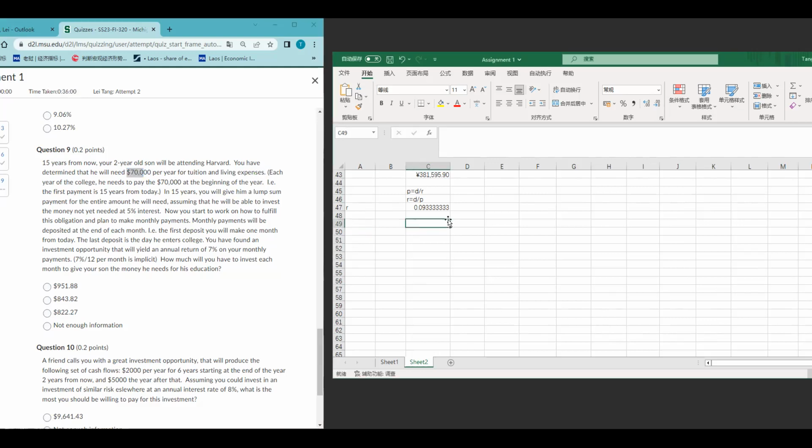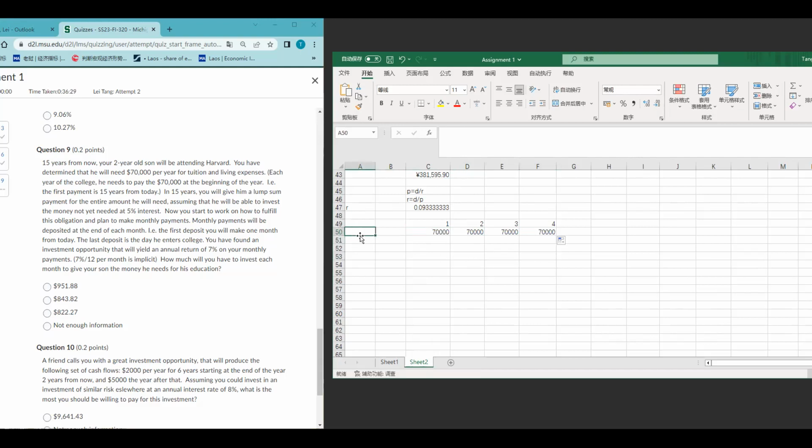So for college, we know that it's 1 year, 2 years, 3 years, 4 years, right? And he needs to pay at the beginning of the year. So it's going to be 1 year, 2 years, 3 years, and each year is going to be 70,000, 70,000, 70,000.